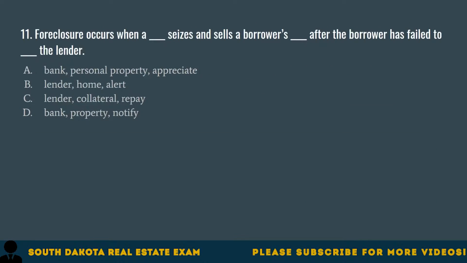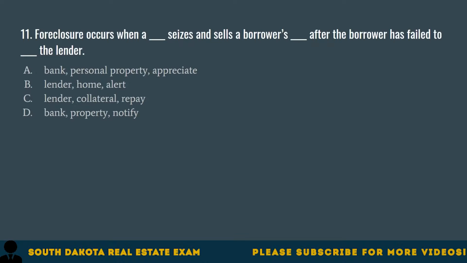Question 11. Foreclosure occurs when a blank seizes and sells a borrower's blank after the borrower has failed to blank the lender. A. Bank, personal property, appreciate. B. Lender, home, alert. C. Lender, collateral, repay.